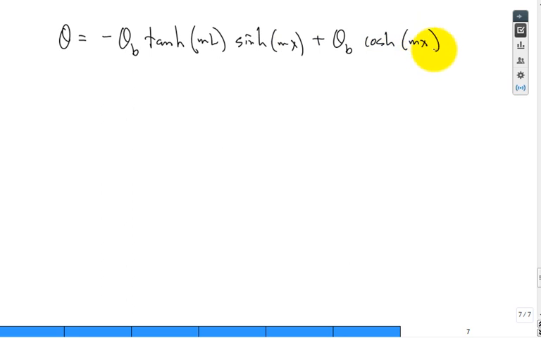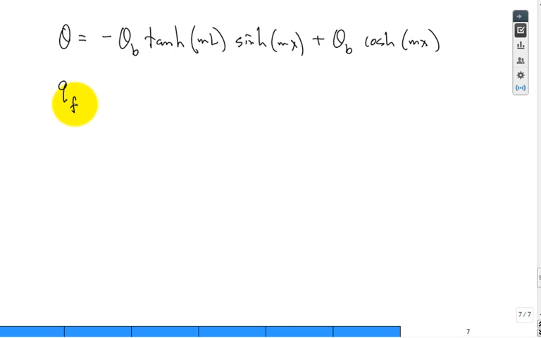Did I put it together okay or not? All right. Once I have that, it's not the end of the game. What I really want to know is what is the Q out of the fin? How many watts of heat transfer is the fin accomplishing?